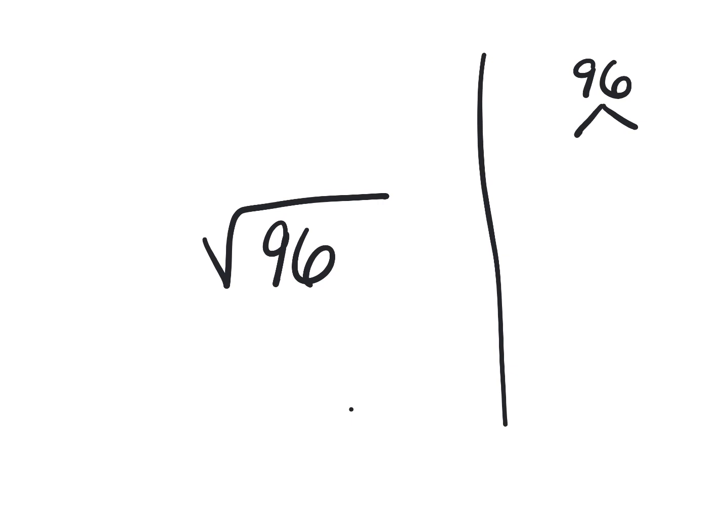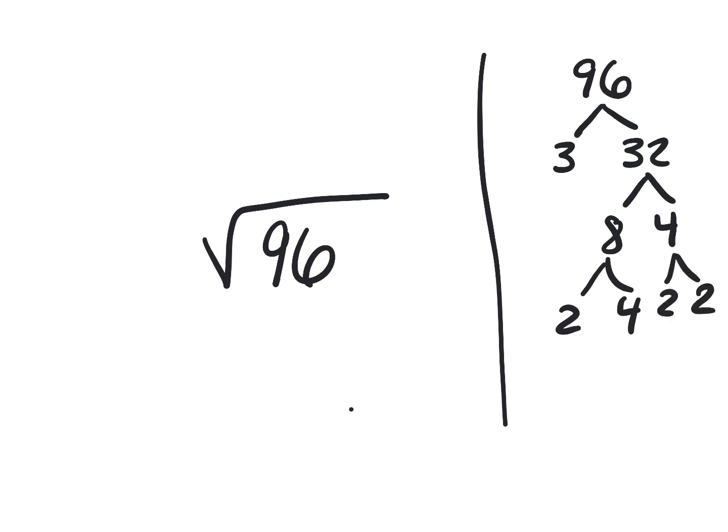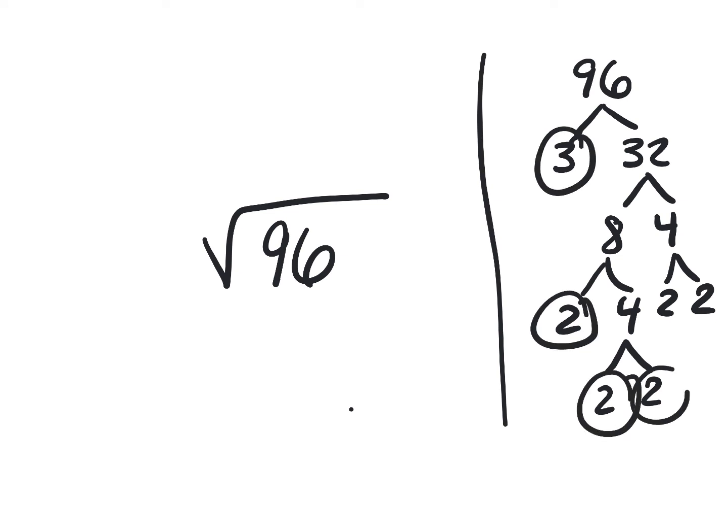So if you divide it by 3, you end up with 32, so 3 and 32, and then 32 is 8 and 4, and then 8 is 2 times 4, 4 is 2 times 2, and 4 is 2 times 2. I have a whole lot of 2s here. There was probably a more efficient way to get there. So I have 1, 2, 3, 4, 5 2s. So that would be 2 to the 5th times 3.